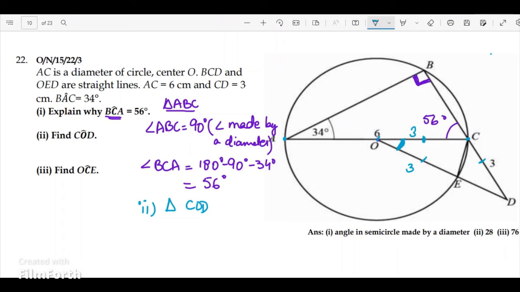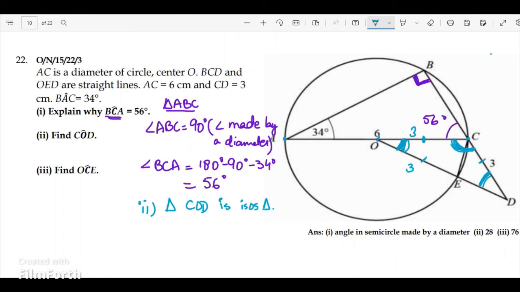As this angle and this angle, they would be both same. These would be base angles of this isosceles triangle. So triangle COD is isosceles triangle. And if we work out this angle right here, we would be able to work out these base angles as well.